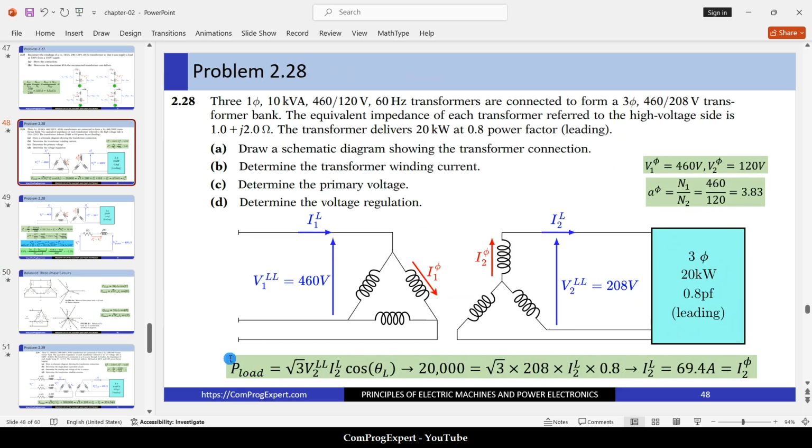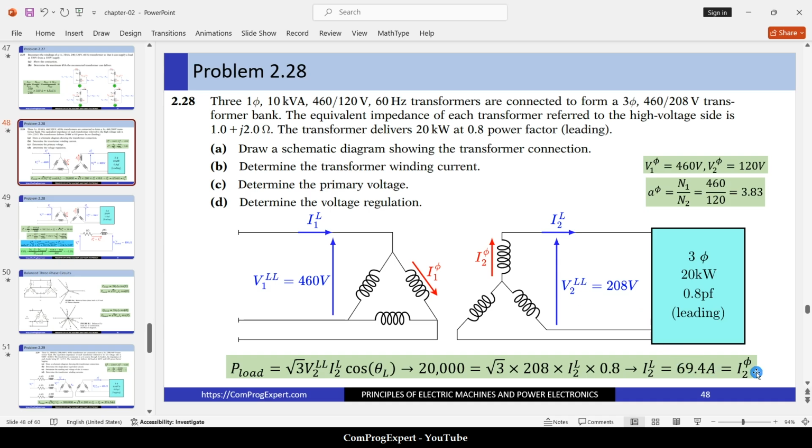The active power of the load is square root of 3 times the line-to-line voltage 208 times the line current times the power factor of the load. So here, if you replace the numbers, we have this value for the line current for the secondary side, 69.4.